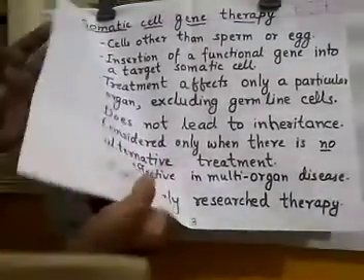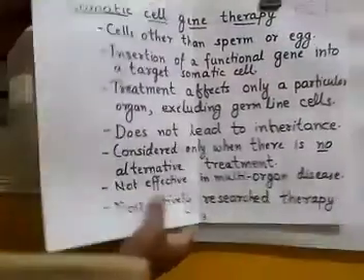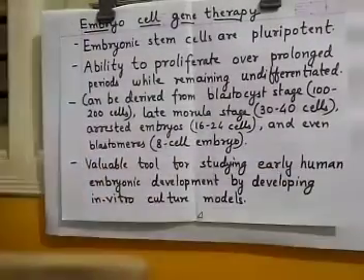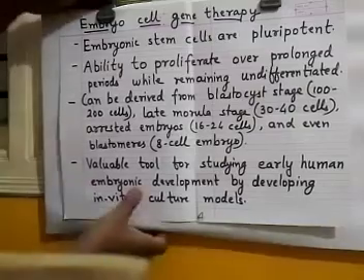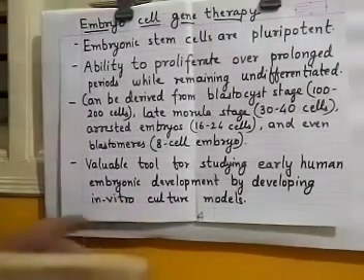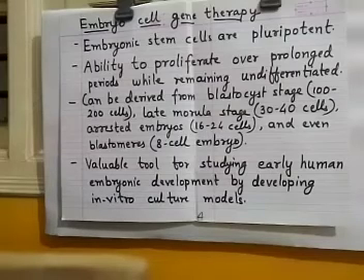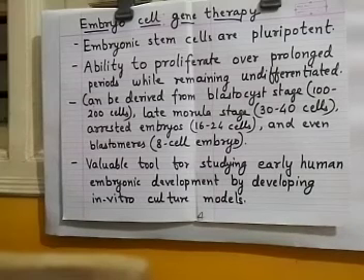Next we go to the embryo cell gene therapy. As the name suggests, embryo cell gene therapy involves the embryonic cells which are pluripotent. The term pluripotent means the cells are undifferentiated and are capable of differentiating into any other cell of the body.